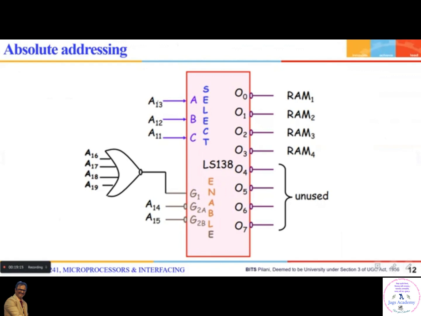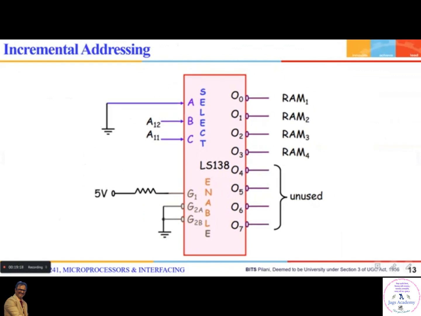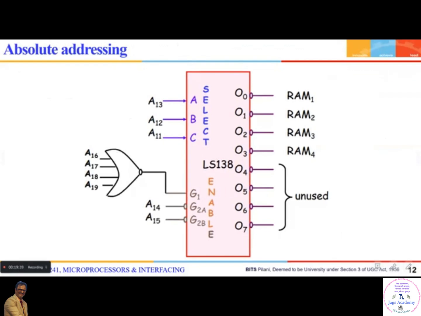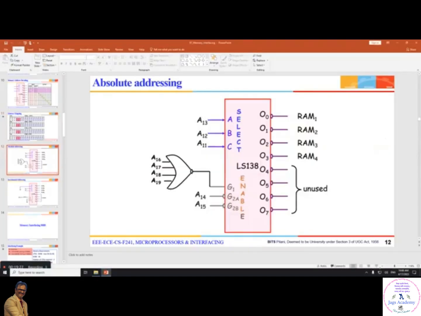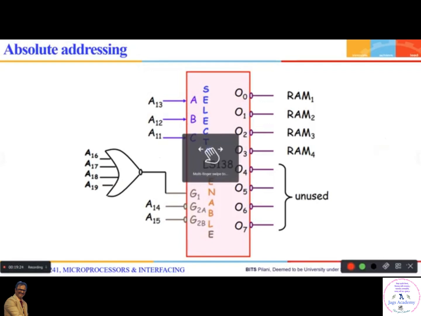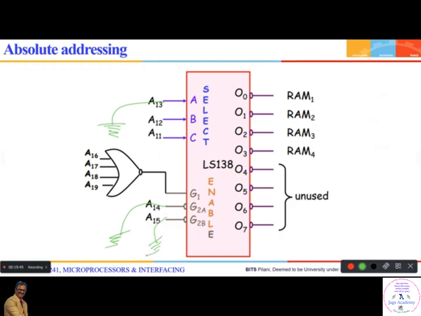Can't you directly ground it? Is it going to make a difference in the operation? Just try to understand this. Suppose I make this permanently ground, is it going to make a difference? No, because throughout the address range it is zero only. Suppose I make this ground instead of connecting A14 here, does it make a difference?